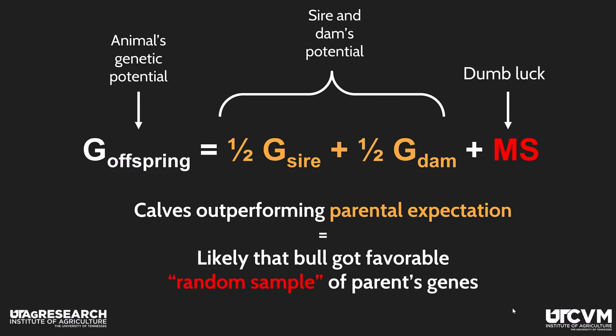If there was no Mendelian sampling, and we were just mating together good animals, and all the calves were exactly the same, if they got 50% of their parents and none was better than the other, we'd never make genetic progress, right? All genetic progress is built on this randomness, and so our job as breeders is to identify the animals that got the more favorable shake from this random sampling.